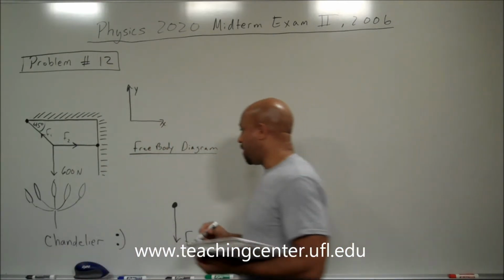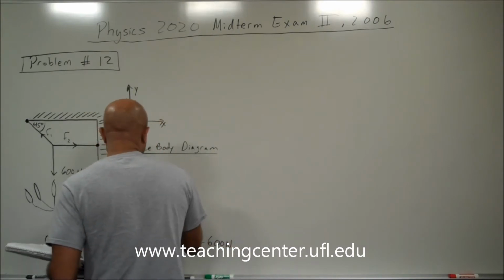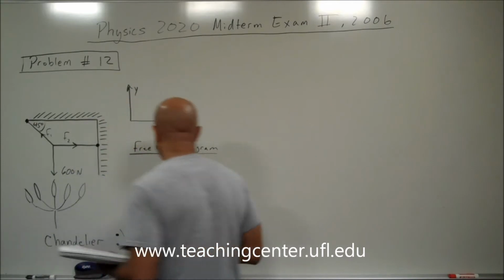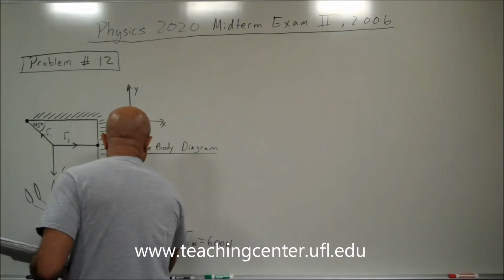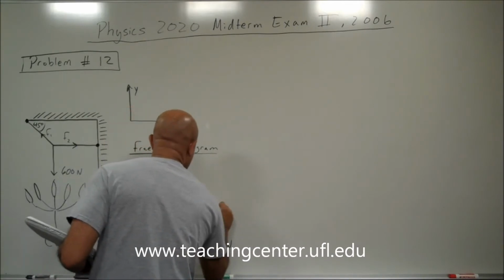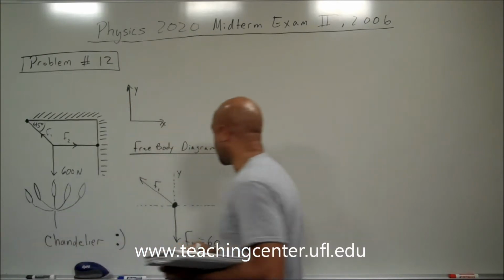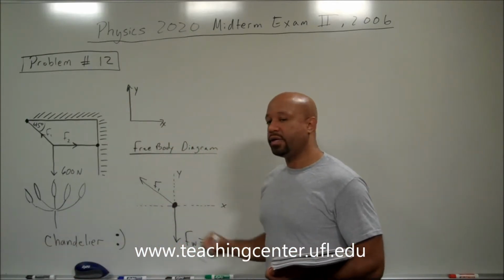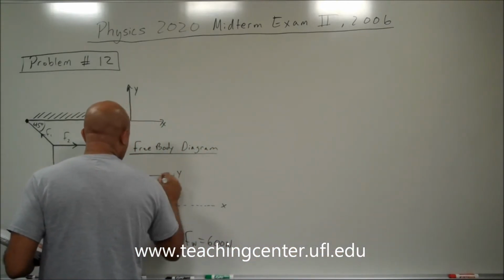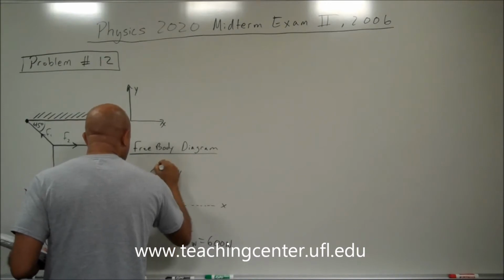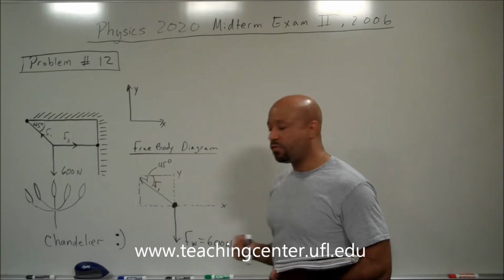We also have a tension force, which we're going to call force 1, that's acting in this direction. If we say that this is our x and this is our y, we have a force 1 that's acting like this, and we know that this angle here is 45 degrees.